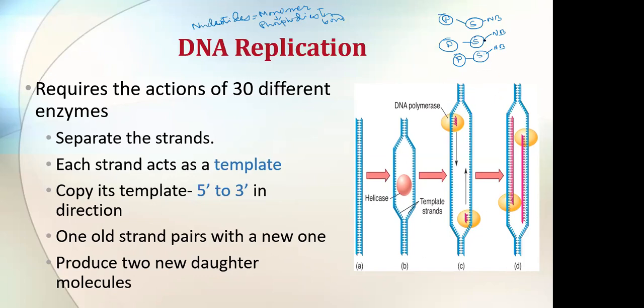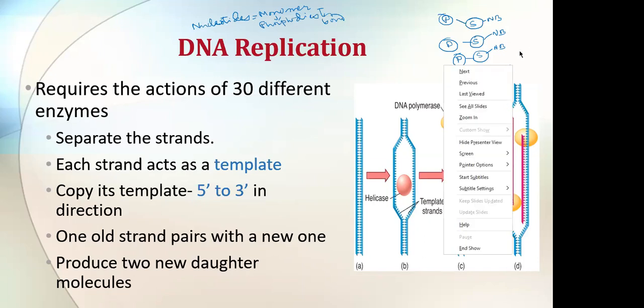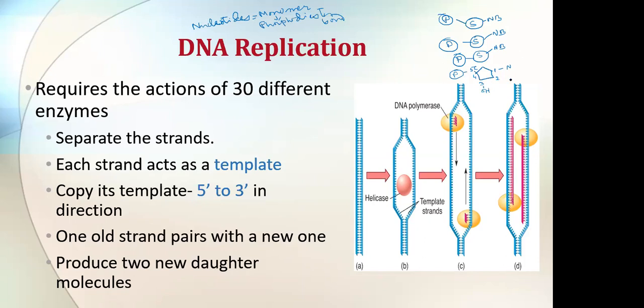Now if I draw the sugar, it is a pentose sugar. This is the number 1 position, number 2, this is the 3, this is the 4th position, number 5 carbon is here, and phosphate is attached over here. At the number 3 position we have one hydroxyl group, and the nitrogenous base always remains attached to the number 1 carbon.